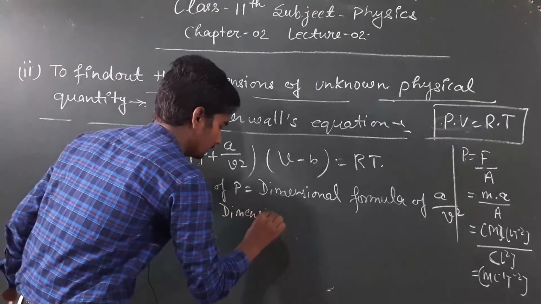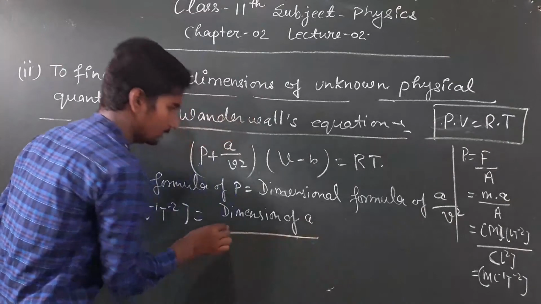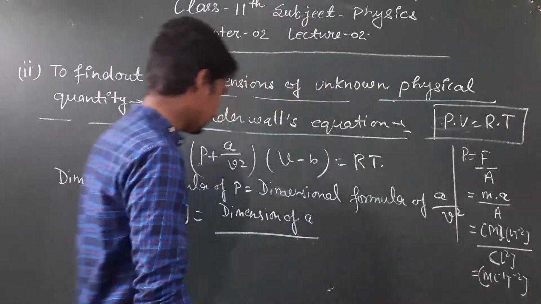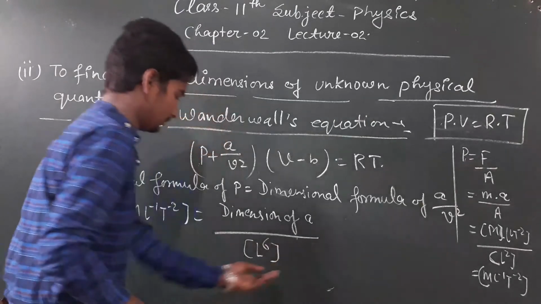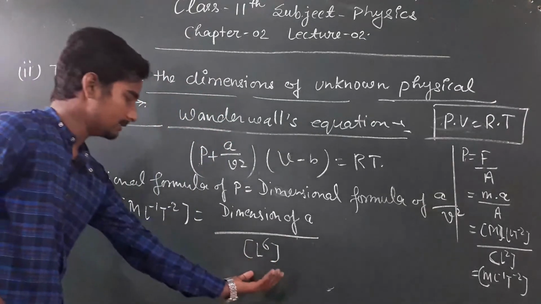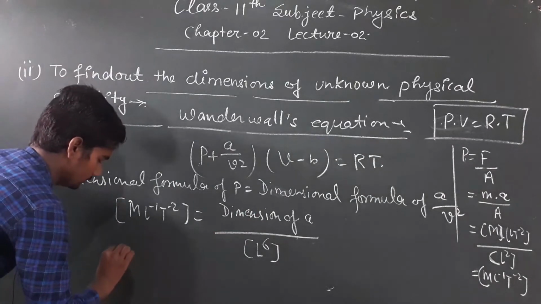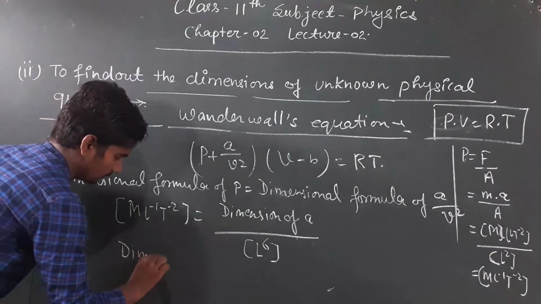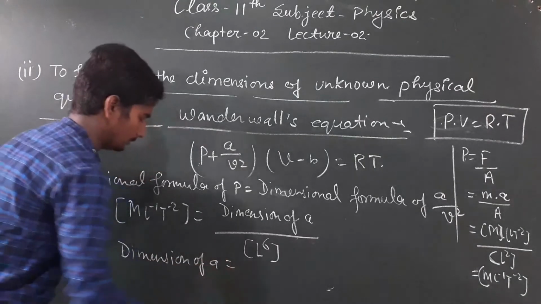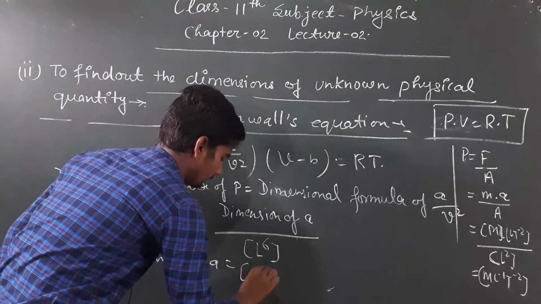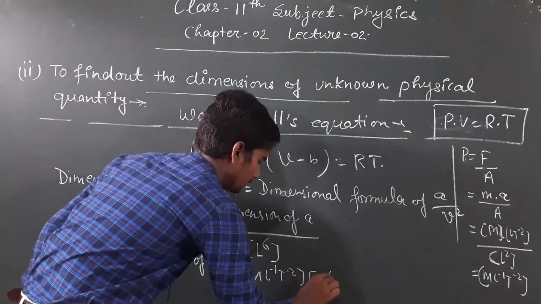So the dimension of A upon the dimension of V square, which will be equal to L6. We have to multiply L6 with this to find out the dimension of A. So the dimension of A will be equal to m L minus 1 T minus 2 with L6.